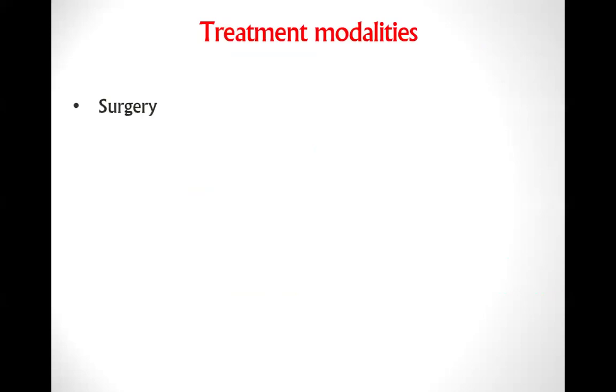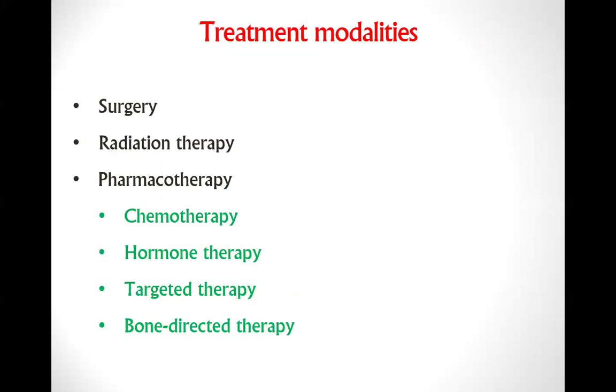Treatment modalities: we have surgery, radiation therapy and pharmacotherapy. Under pharmacotherapy there are sub-headings. Chemotherapy, non-specific cytotoxic drugs, which we have already covered in POD and other blocks; we'll repeat some of the drugs. Hormone therapy, very specific for breast cancer.